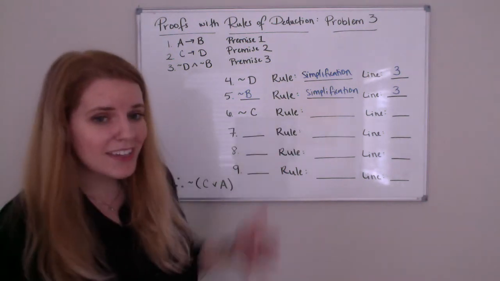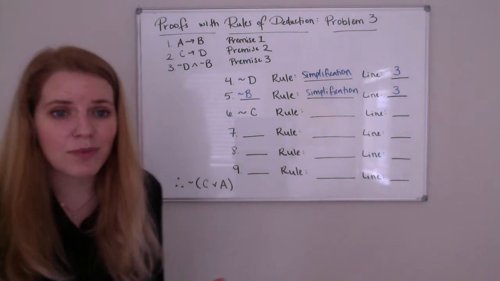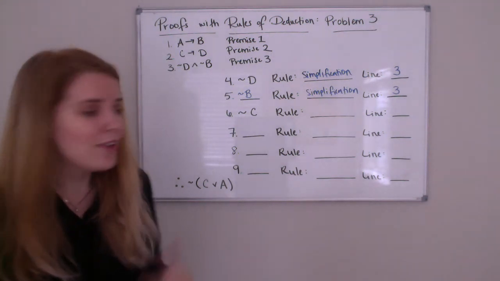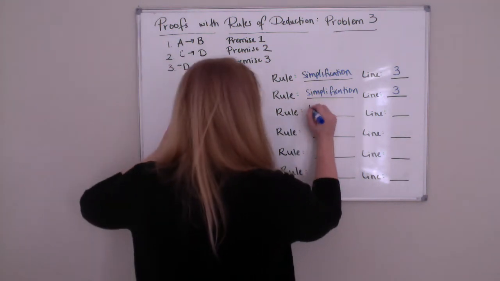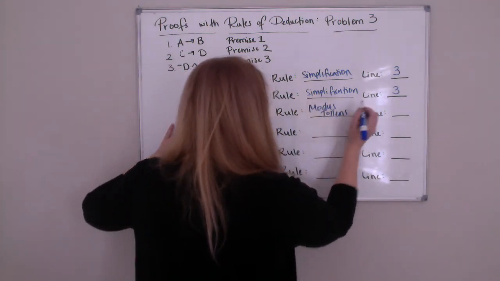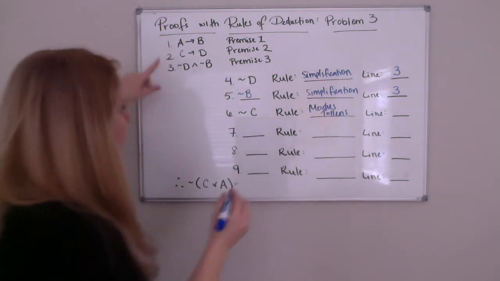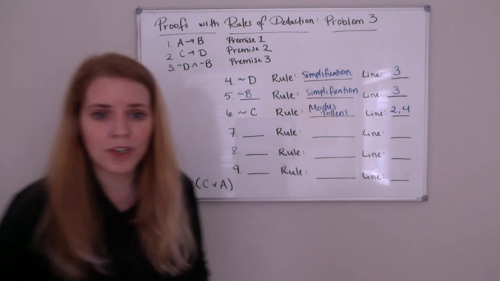Okay, so we know that we're going to get not C next. What rule can we use to get not C, and what lines are we going to cite for that rule? Okay, so for not C, we're going to cite modus tollens, and our lines are 4 and 2. We can do that in numerical order, right? 2, 4.